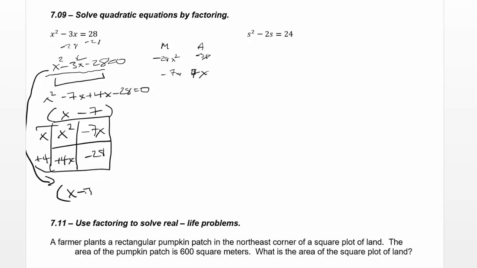So I think what this tells me is that I could rewrite, by factoring, this equation as x minus 7 and x plus 4, and this equals 0. What are the solutions? The solutions are any x that makes this term 0, or better yet, the solution to this one-step equation, which tells me x equals 7, or the solution to this one-step equation, x plus 4 equals 0.